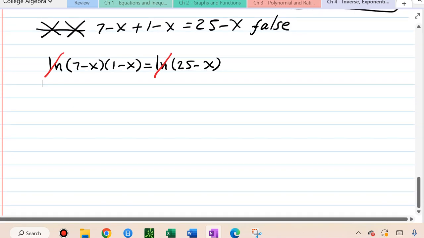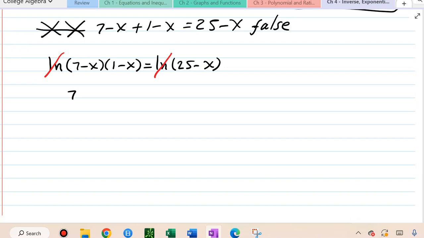All right, so let me do that. The left side, I'm going to FOIL the left side, by the way. So when I do, I get 7 minus 7x minus x plus x squared. And on the right side, we just have 25 minus x. All right. And then what do we do next? We need to combine like terms.